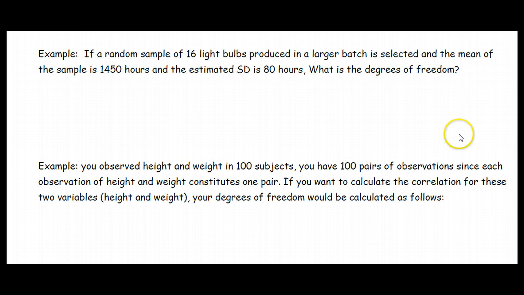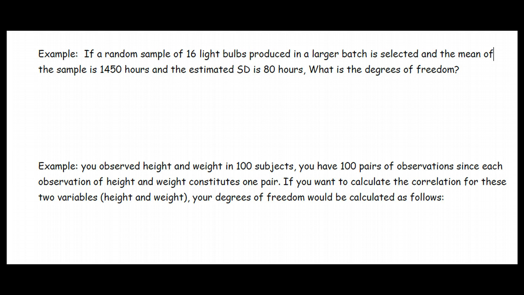If a random sample of 16 light bulbs produced in a larger batch is selected and the mean of sample hours is 1,450 and the estimated standard deviation is 80 hours, what's the degree of freedom? Remember, degrees of freedom doesn't depend on the standard deviation or the sample mean. I'm only looking at how many there are.